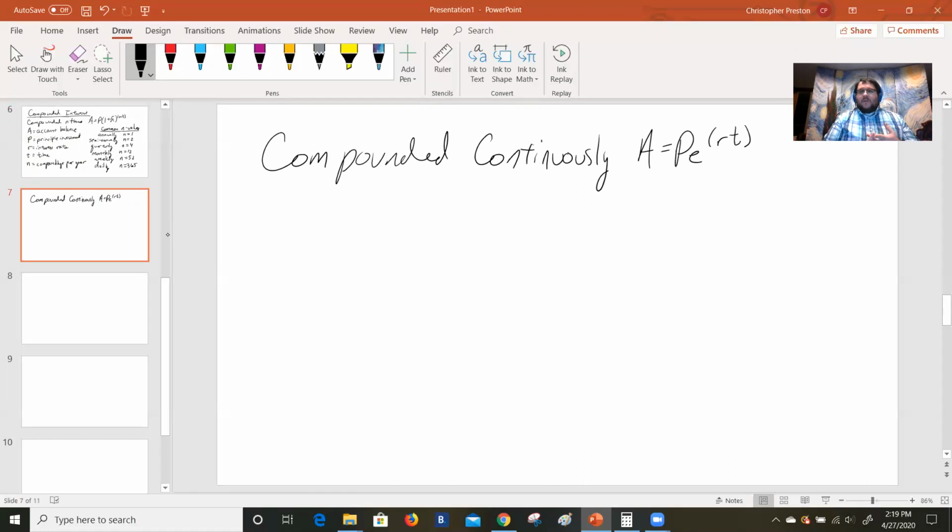Again, A is the account balance, P is the principal investment, r is the rate, t is the time, e is that Euler's number we looked at before when we talked about bases, and you can use the second button on your calculator, and ln will usually give you that e to the x function to do that.